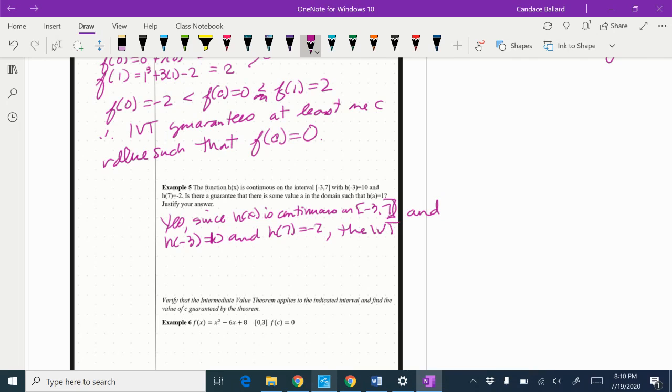The IVT, intermediate value theorem, guarantees there is some value such that h, and they give us the letter a, so I'm going to use that, h of a equals 1. So they said 1. Let's just double check. Is 1 between 10 and -2? It definitely is, because -2 is less than 1 is less than 10. I wrote it a little differently. You get the idea across, though.